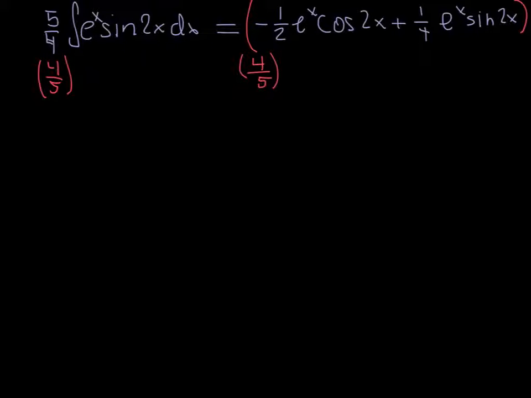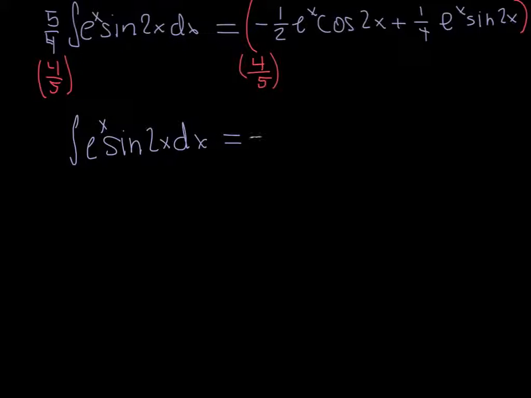So let's finish it. As we said, this product equals 1, so we're going to obtain the integral of e to the x sine of 2x times dx. And then all we have to do is multiply the coefficients. Remember, 4/5 times negative 1/2 and 4/5 times positive 1/4. And that will be it.